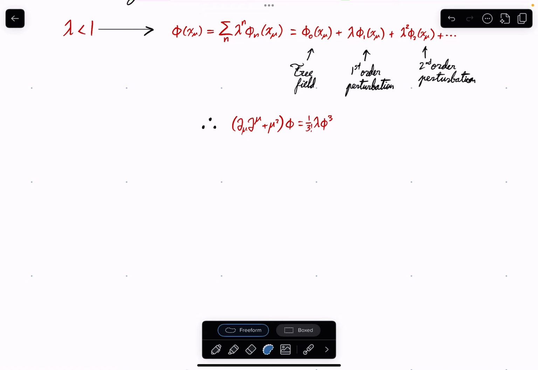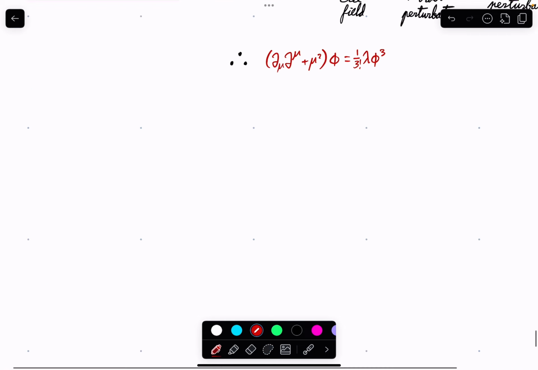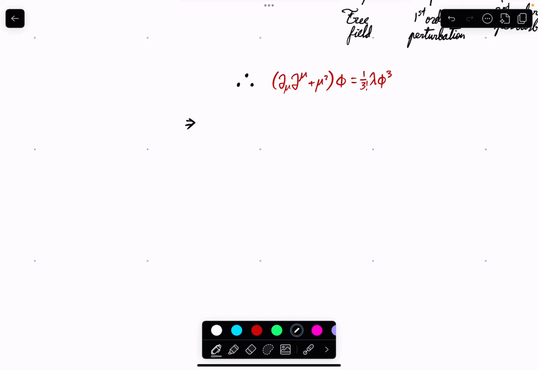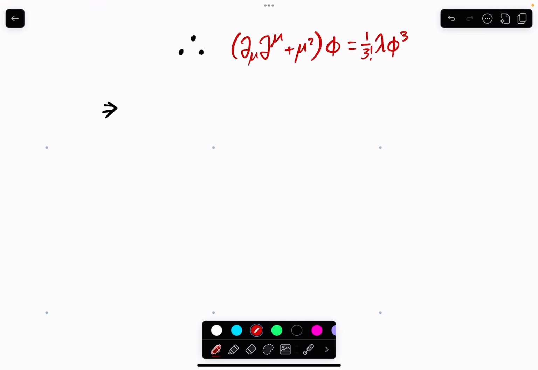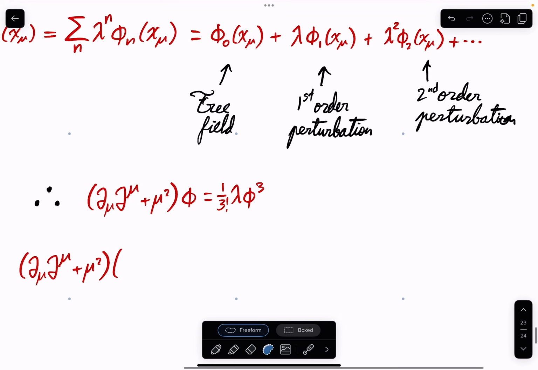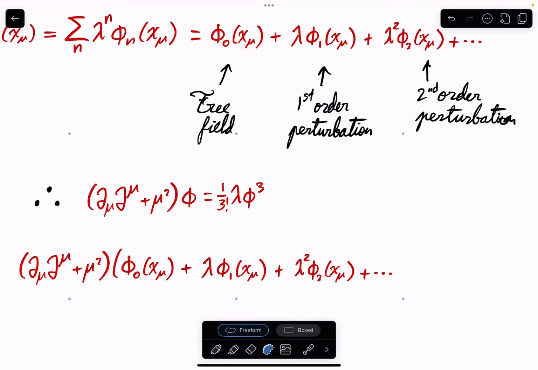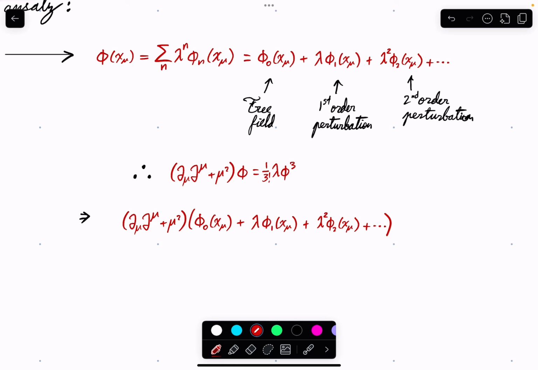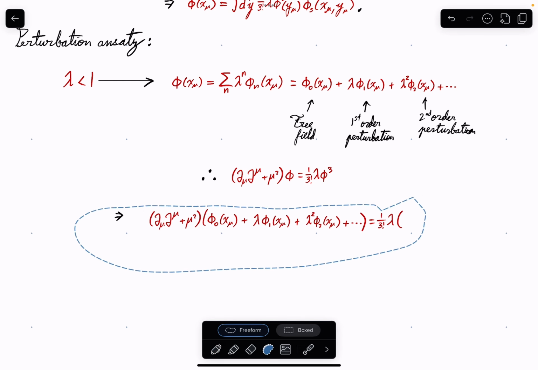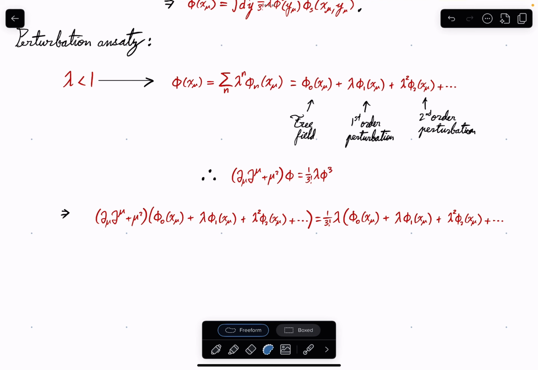We have this, which then becomes, I'm going to just copy and paste this. And then I'm going to copy and paste this. Equals 1 over 3 factorial lambda this quantity cubed.